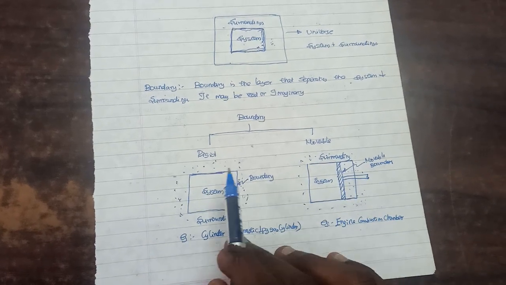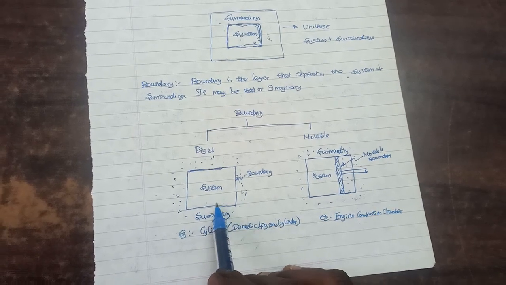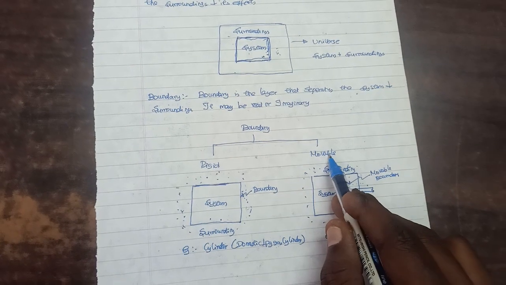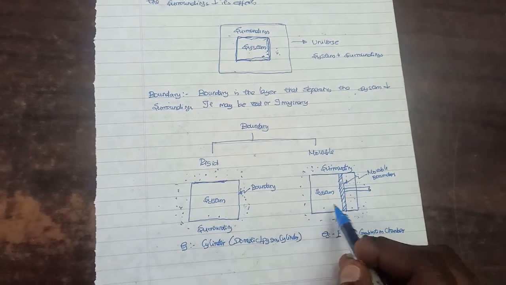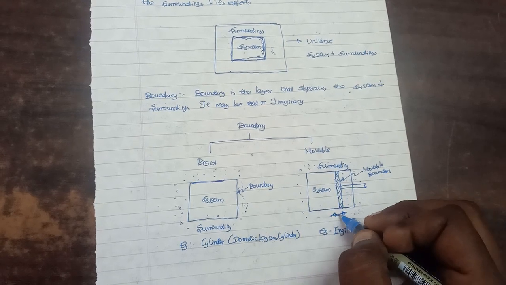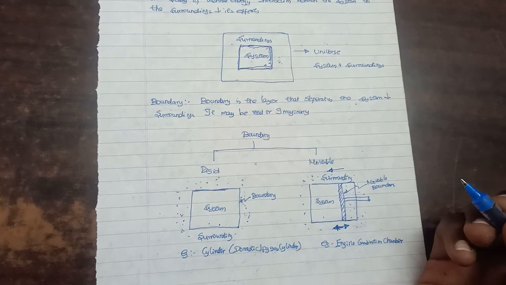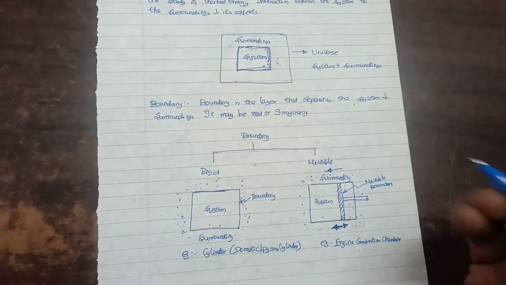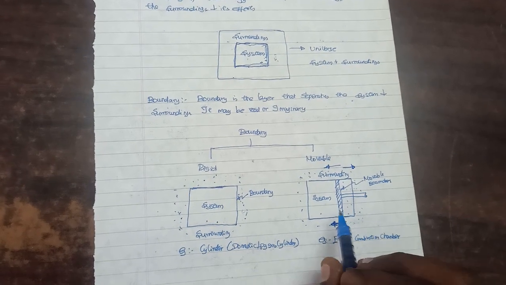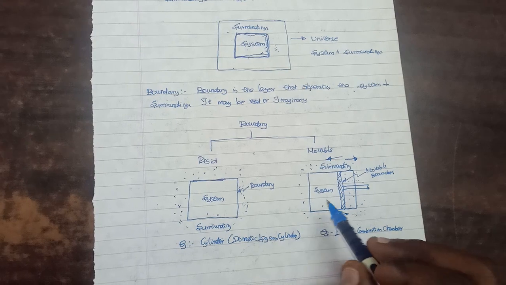In a rigid boundary, the volume of the system remains constant throughout the study, whereas in a movable boundary the volume of the system keeps varying. The boundary will keep moving in both directions or a single direction, or it will be expanding, and the system will have a change in volume.